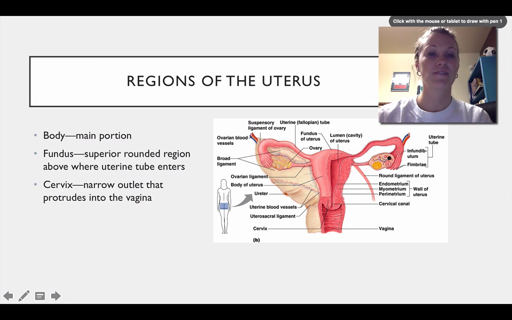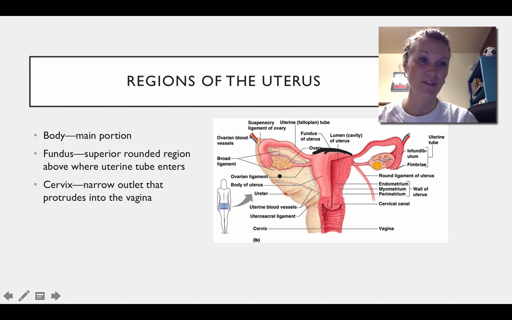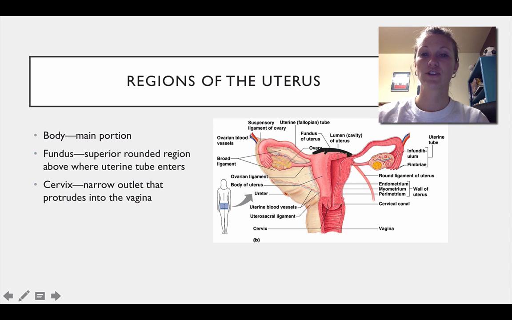In the regions of the uterus, you have the body, which is the main portion of the uterus. The fundus is the top area, the superior area. It's rounded, and it's where the uterine tubes enter. Then the cervix is way down here, a narrow outlet that protrudes into the vagina, and then the exterior of the body is right here.